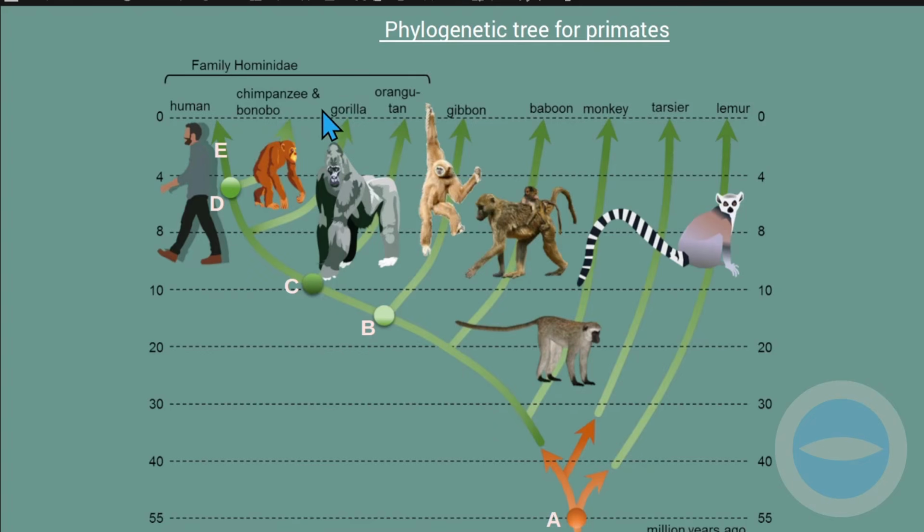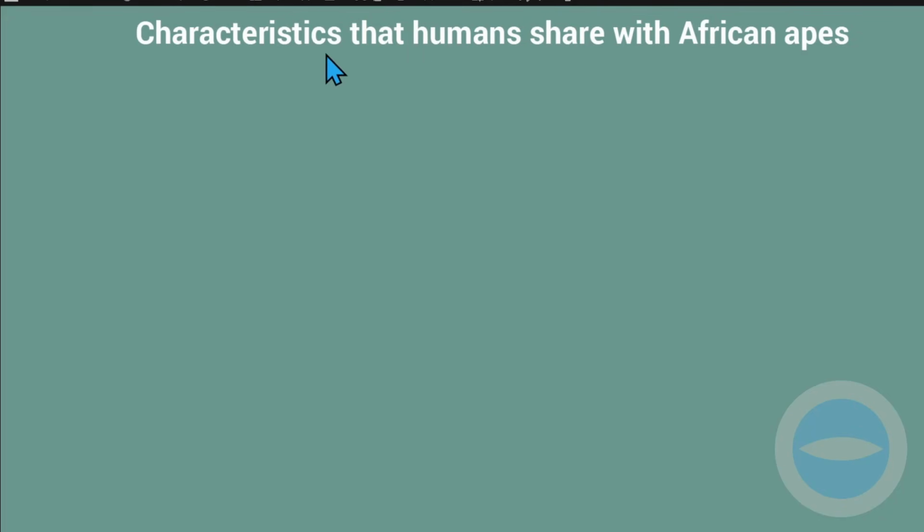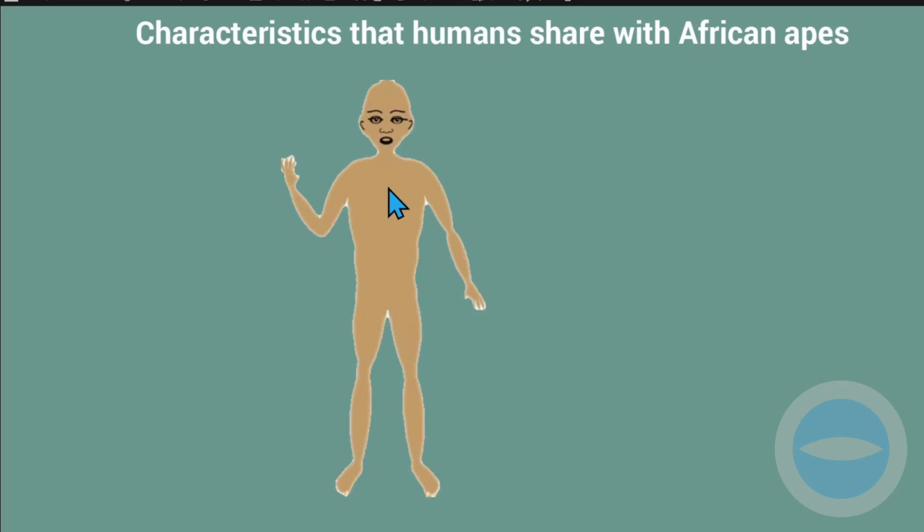Now let's see the characteristics that humans share with the African apes: chimpanzee, bonobo and gorilla. I will use this diagram here to show the characteristics that these animals share. First, they have a larger brain compared to the other animals that I just showed you.